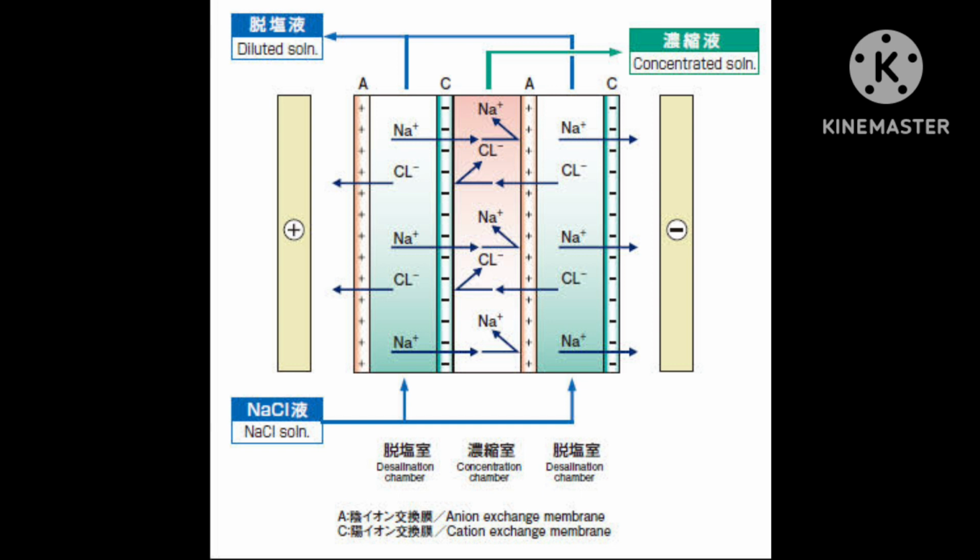And these anion and cation are now collected in the neighboring chamber. This is called one unit. In one unit, 3 chambers are there: the middle chamber where the salty water was, then one chamber on the left side and one on the right side where ions are collected.